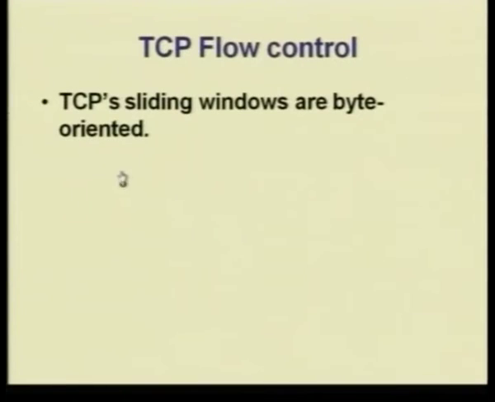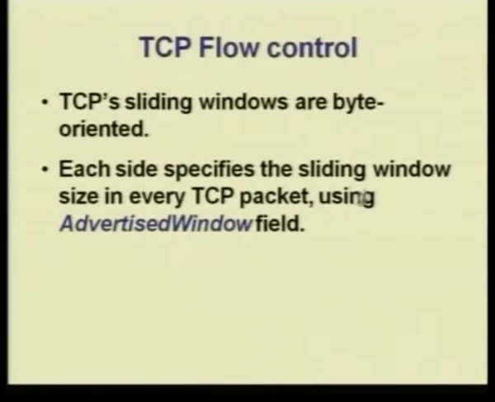Okay. If you look at the TCP flow control mechanism, TCP sliding windows are byte oriented. That is, when we talk of windows here, we are not talking about frames or segments, but about bytes of data that are being transmitted. So the window deals in terms of the number of bytes to be transmitted. Second, each side specifies the sliding window size in every TCP packet using the advertised window field.